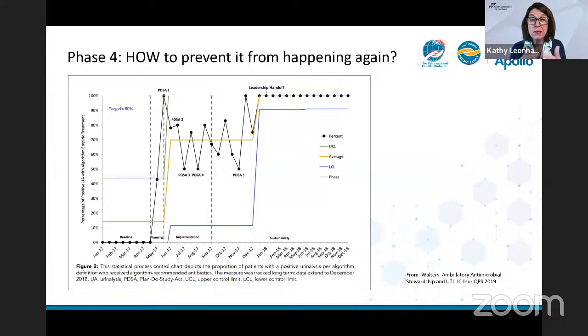So the best tool to use for this phase is a control chart. You monitor your results. You can see, do we have consistency? Is this practice now stable, right? So I encourage you to be familiar with control charts, to use them as part of your corrective action with your RCA. Ongoing monitoring makes sure that you sustain those improvements.